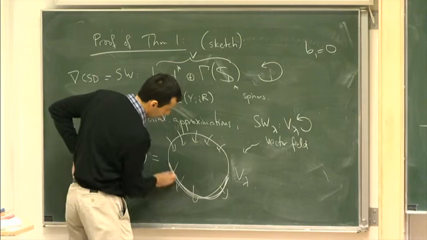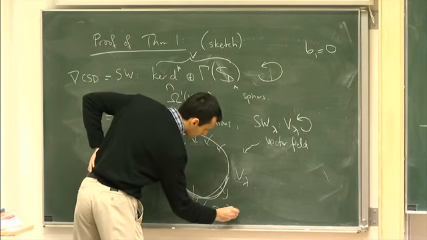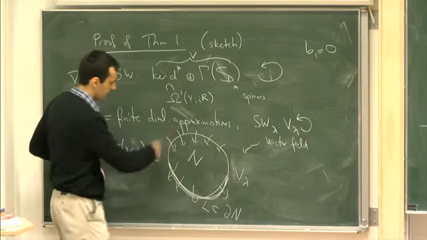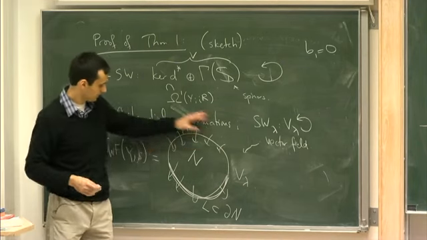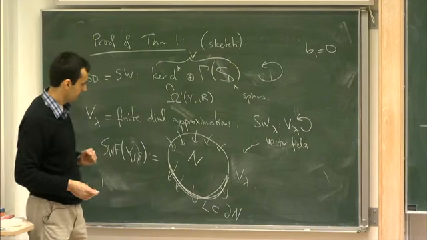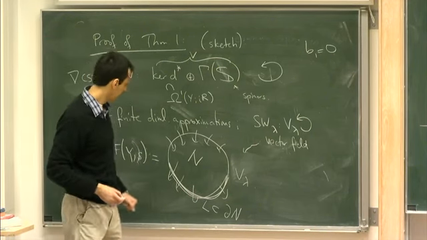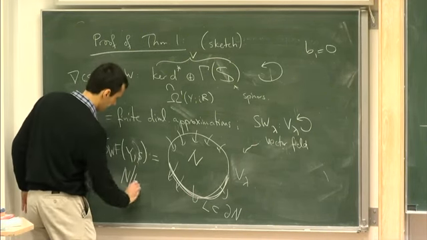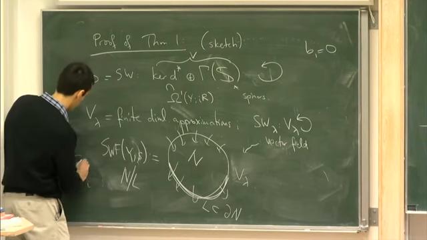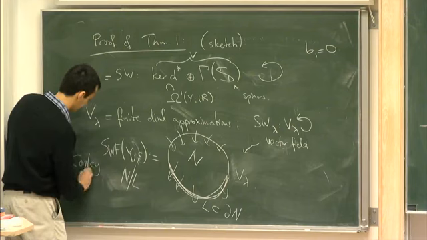Let's call this L, part of the boundary of N. So this is a large closed set inside V lambda, and you look at the exit set, and this is N mod L. So this is called the Conley index.